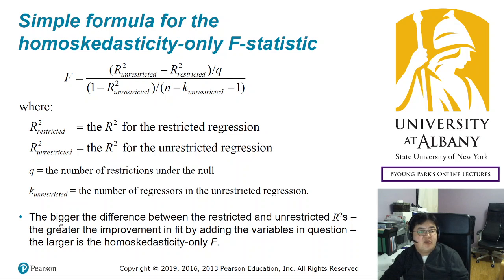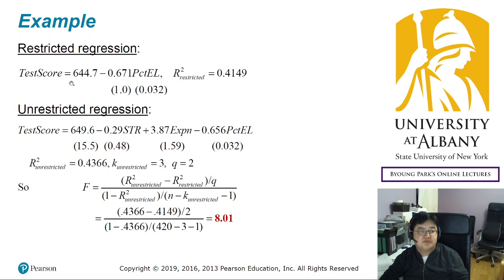The basic idea is, if the numerator is big, then the hypothesis is likely to be wrong, and in that case F will be large. So you need to reject the null hypothesis if F is large enough. In this example, we can calculate the restricted and unrestricted R squared.